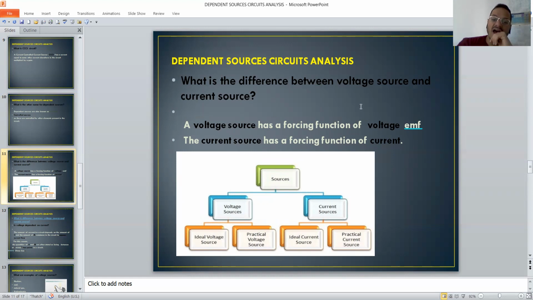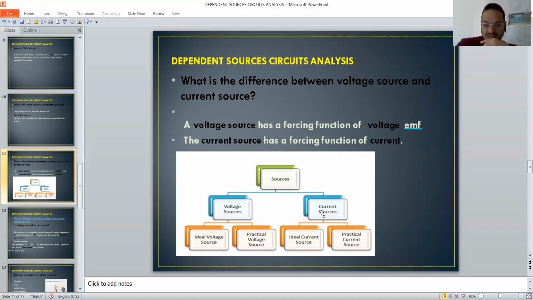A voltage source has a forcing function of voltage. The current source has a forcing function of current.